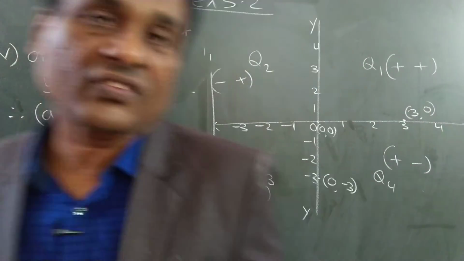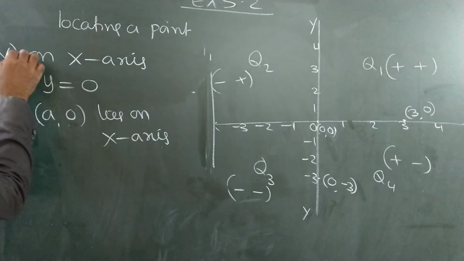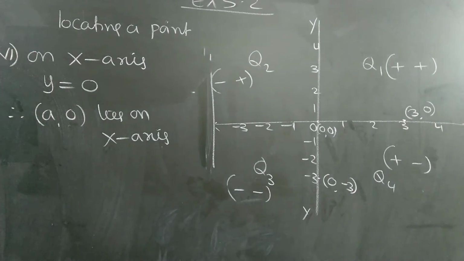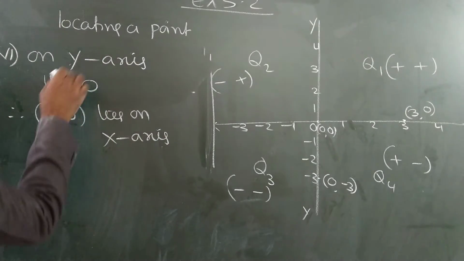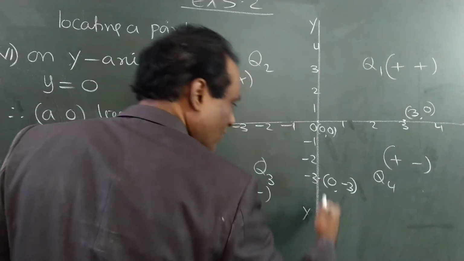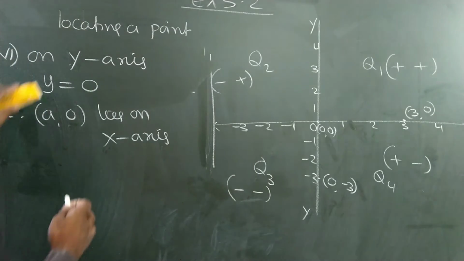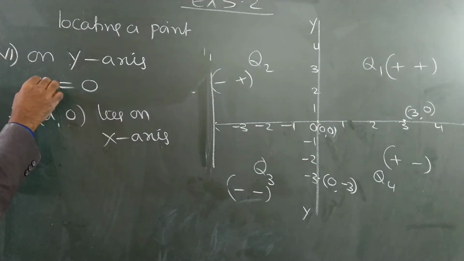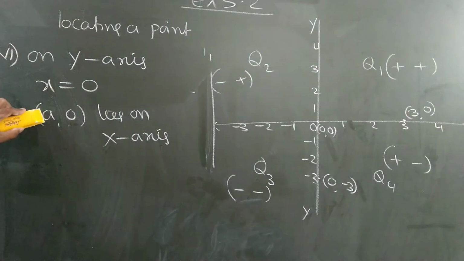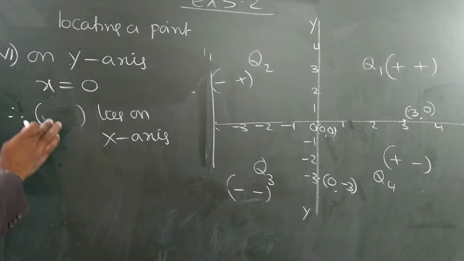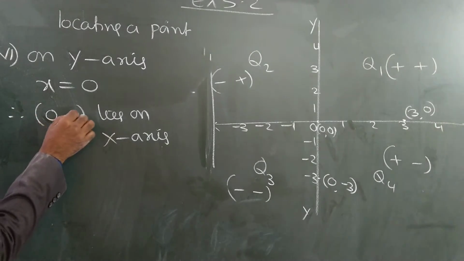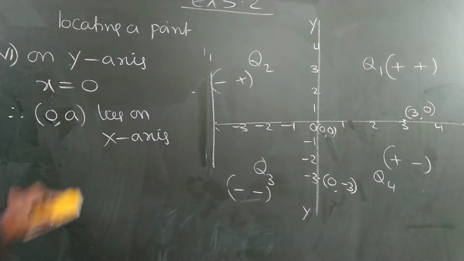One more point, the sixth point. On the y-axis, x value will always be 0. That means suppose I give any point like 0 comma a.